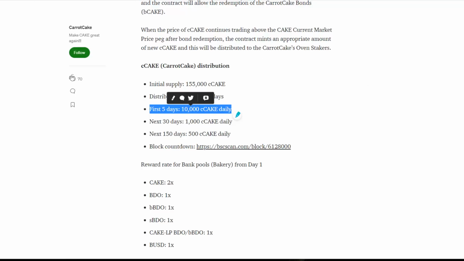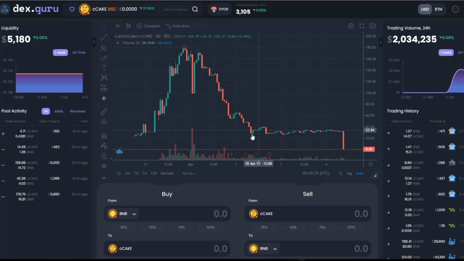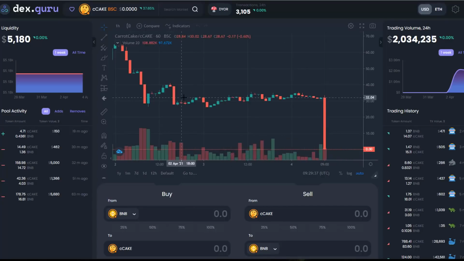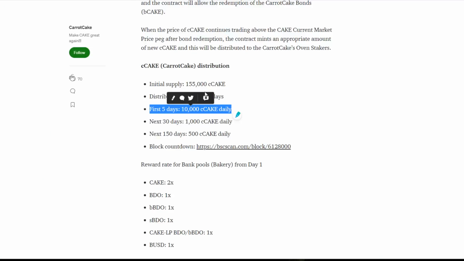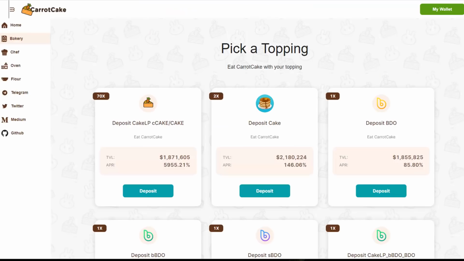So that's why you got this huge dump here. But now see how it's starting to stabilize? Based off this distribution, the next 30 days is going to be 1,000. So it's going to be less and less, and people are going to be earning less, and hopefully, technically, fewer people will dump.